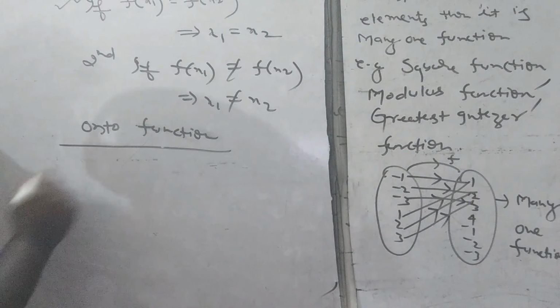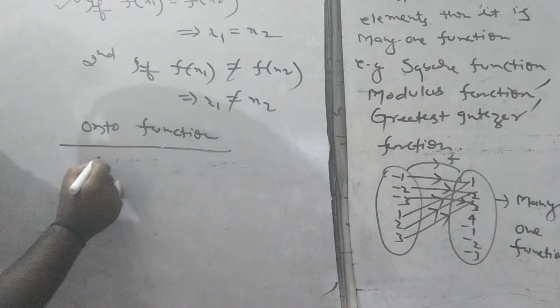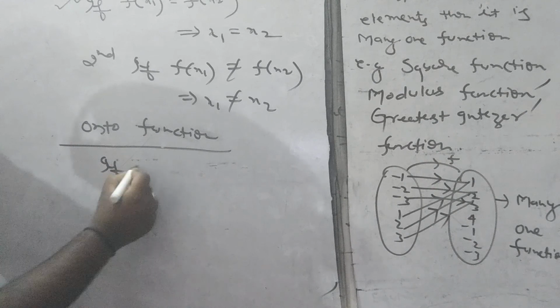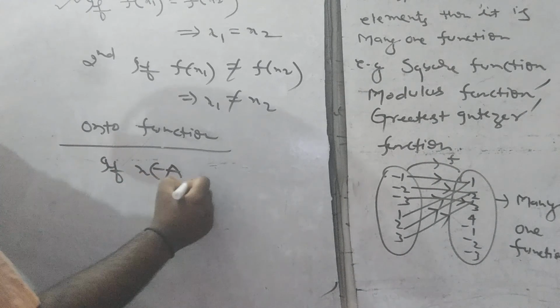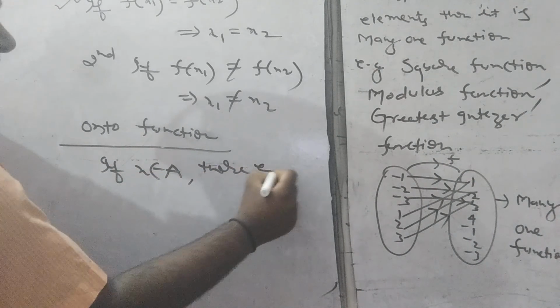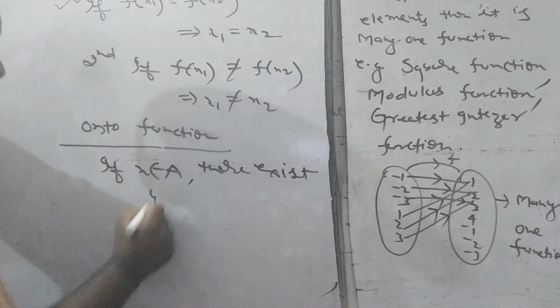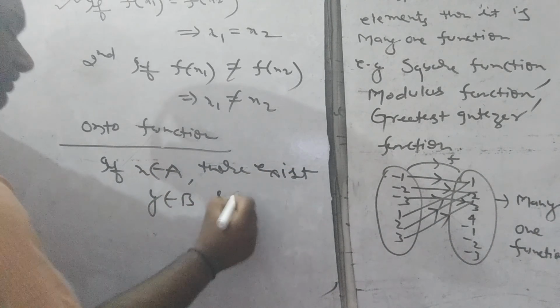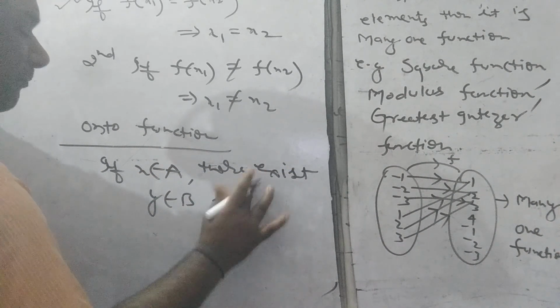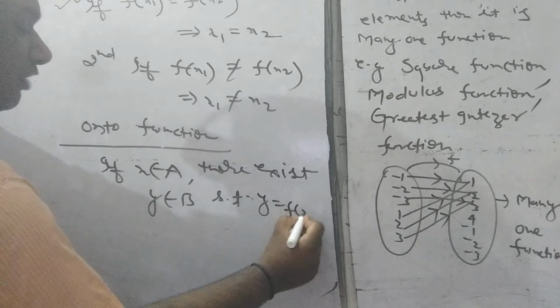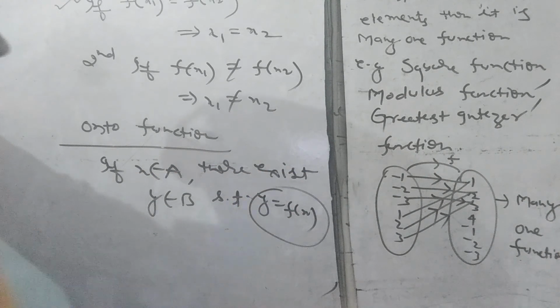So here we write that if x belongs to A, there exists y belongs to B such that y is equal to f(x). This is the mathematical definition of onto function.